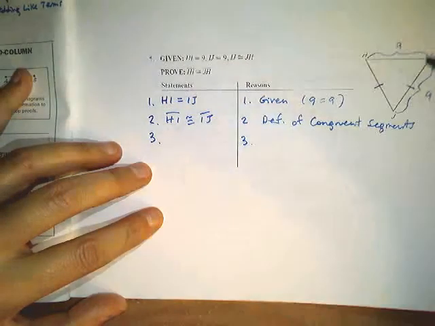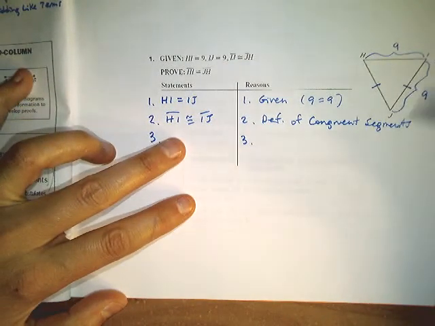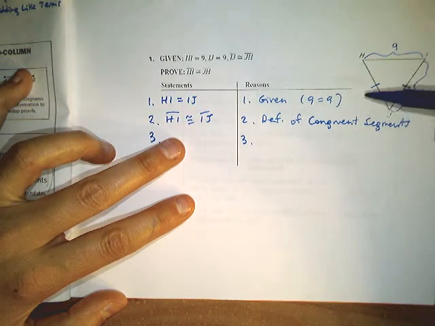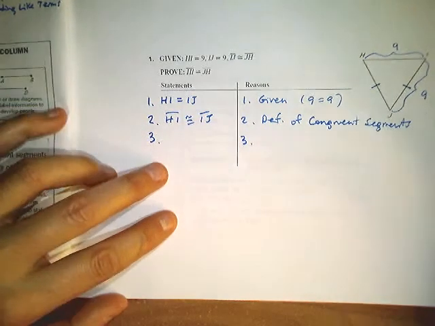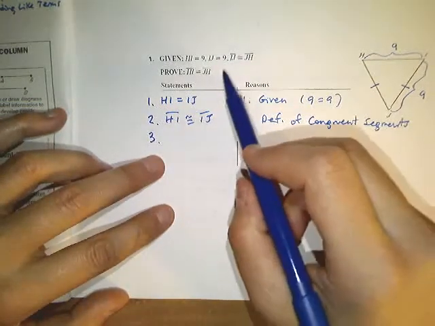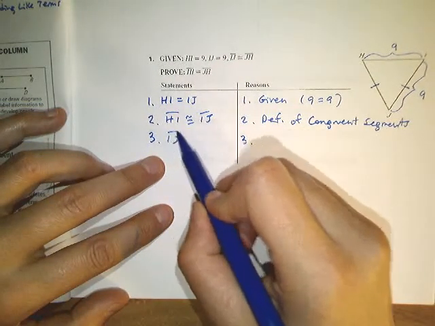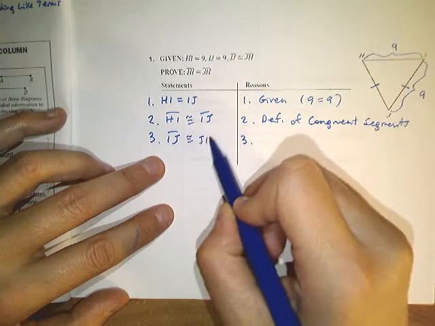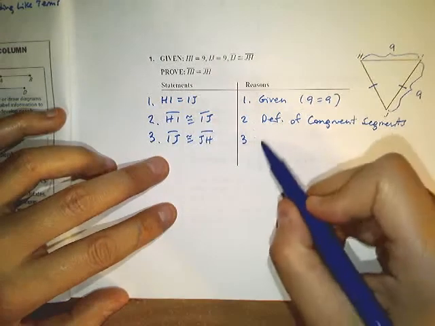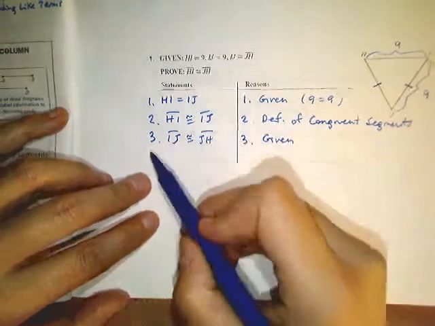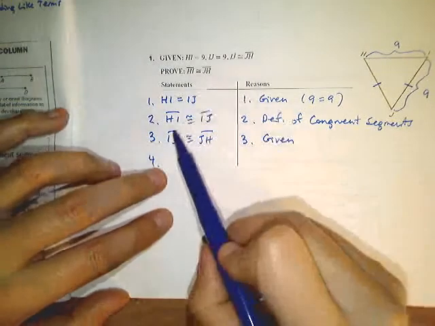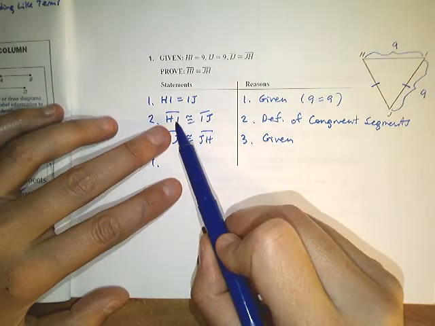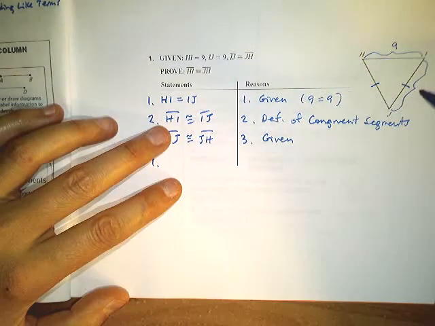I know that the top side and this side are congruent. Now if I could state that one of these two is congruent to HJ, then I could conclude that all three of them must be the same. So back up here in the given, they're telling me that IJ is congruent to JH, and that was given to me. So you can see here that HI, the top, is congruent to IJ, the right side.